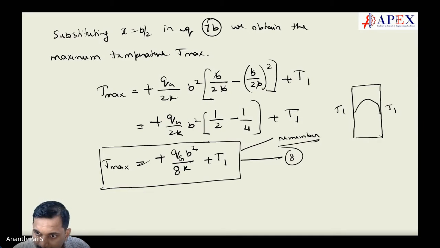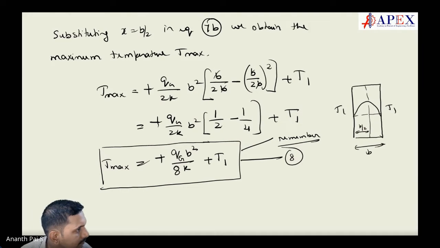Where is the maximum? At the middle, this is B. This is B1. And what is this distance? This distance is Qg B square by 8k.